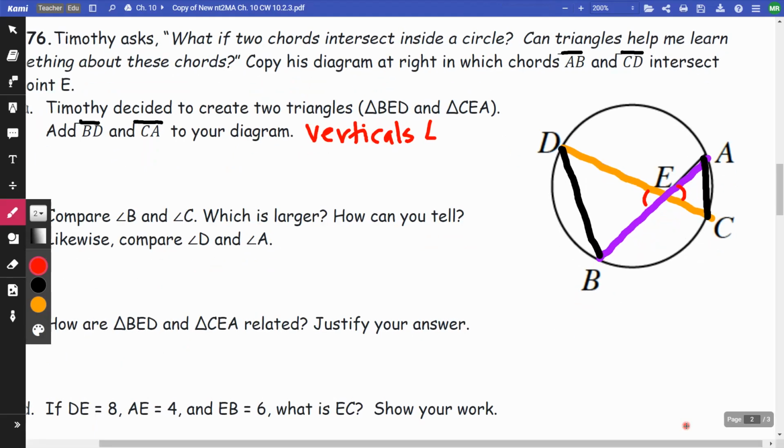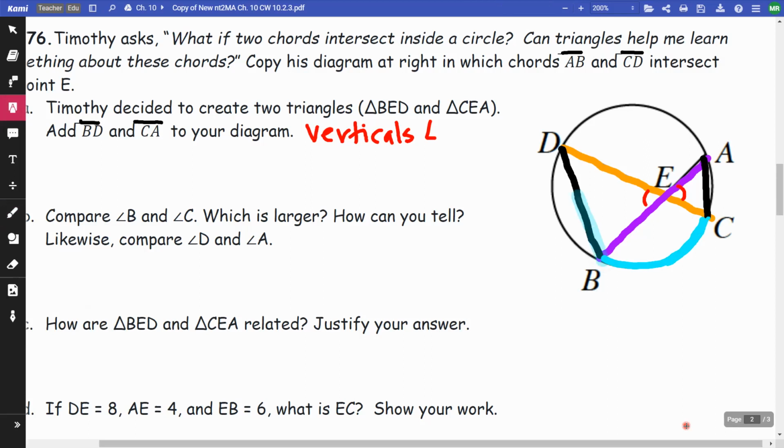Then if I'm looking at this, I notice that I have this arc being formed. I'll draw it in, let's say, blue. So I have this arc being formed right here, arc BC. Now it is formed, I'm going to highlight, by two different inscribed angles here.